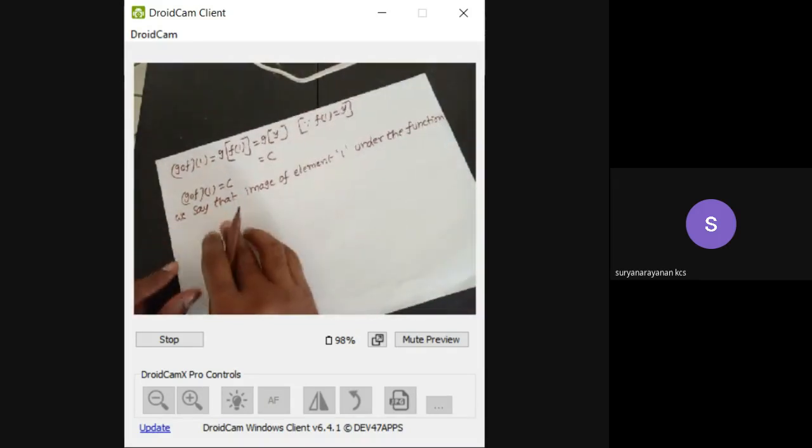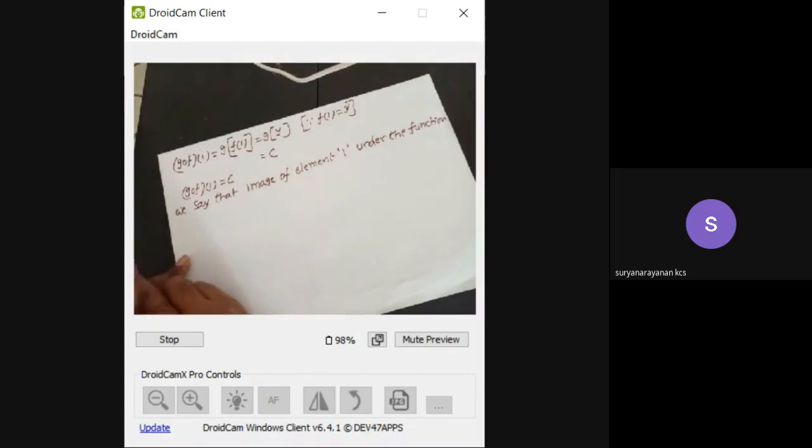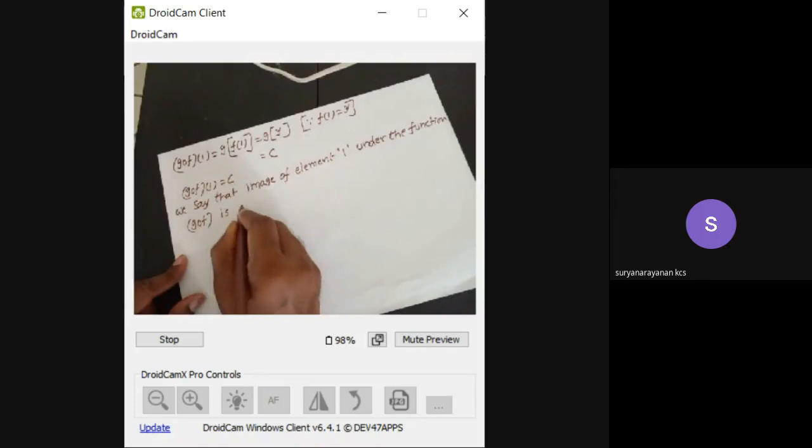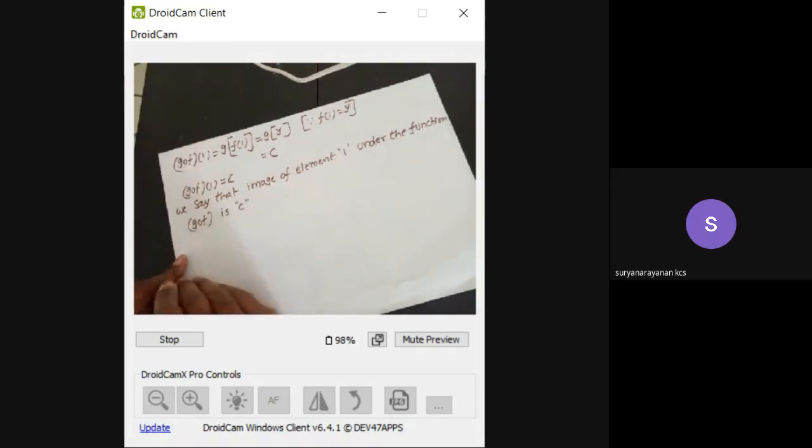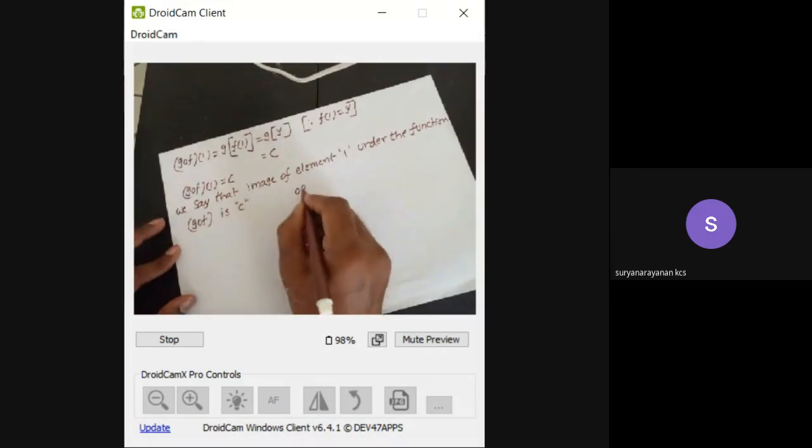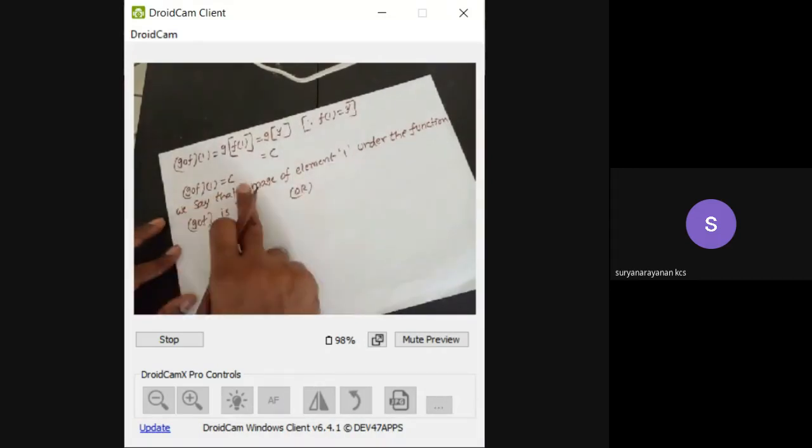What is the name of the function here? G circle f. Under the function G circle f is C. Or we can take the meaning in another way.